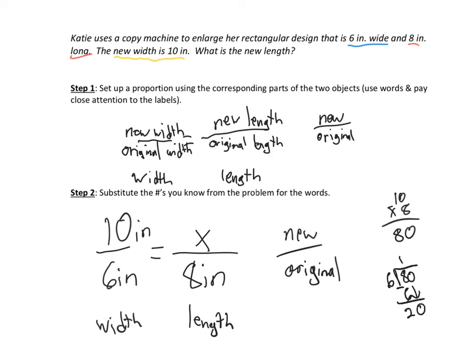Bring down our 0. 6 goes into 20 3 times, that's 18. So put our decimal point, our 0, bring down. 6 goes into 20 3 times. I see a pattern, so I can put repeating. 13.3 repeating inches.